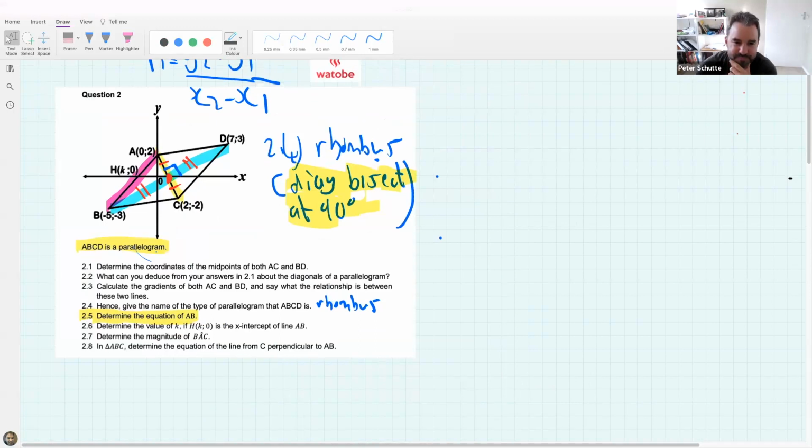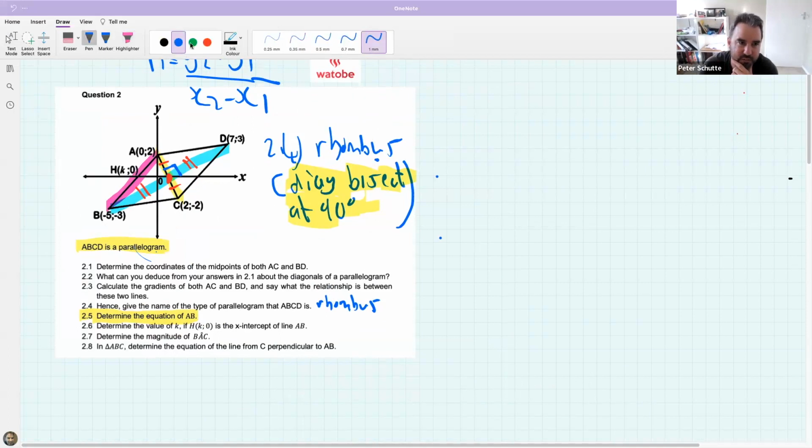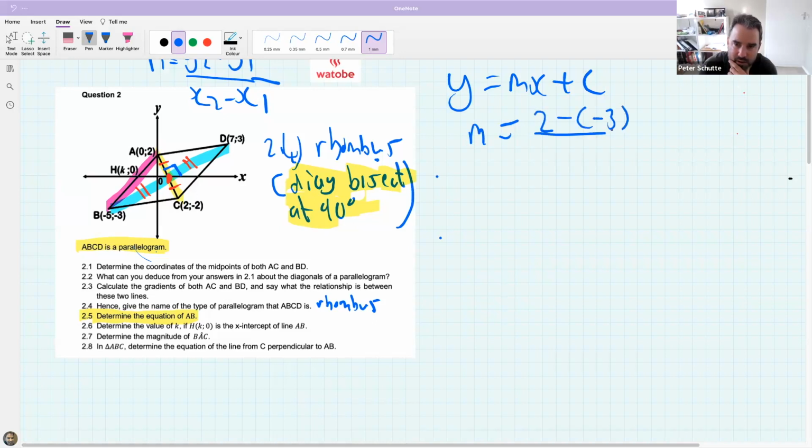Okay. So what is the equation of the line? Well, for any line, I need the straight line formula. So mx plus c, I need a gradient. So I'm going to go 2 minus minus 3 over 0 minus minus 5. So my gradient is 1.